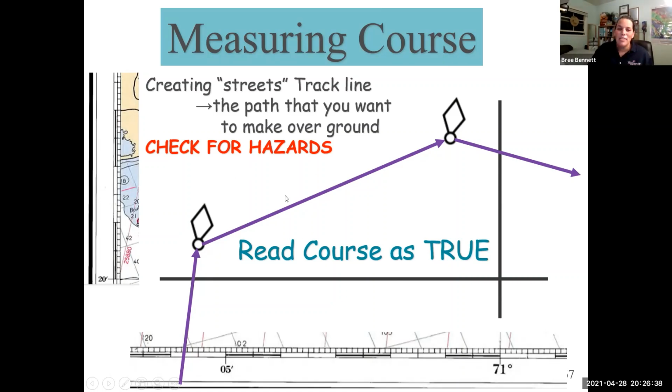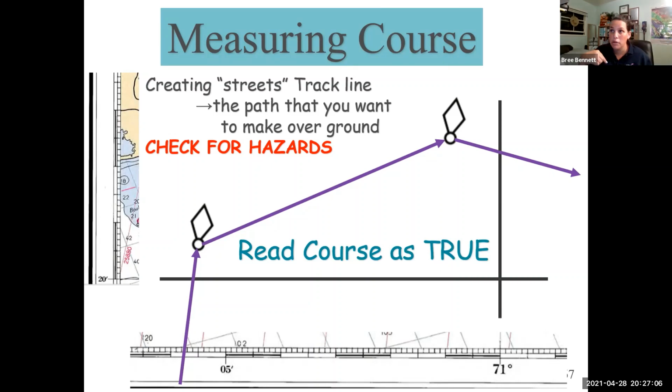So even if you're like, I don't know really where I'm going, I'm just headed in this direction, make that a street and then check that street for hazards. Anytime we make a street or a course line, track line, whatever you want to call it, on the chart, we always want to check it for hazards. However far your hazards are, that's up to you.